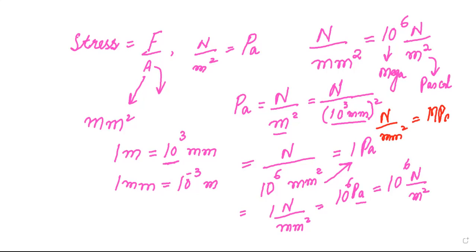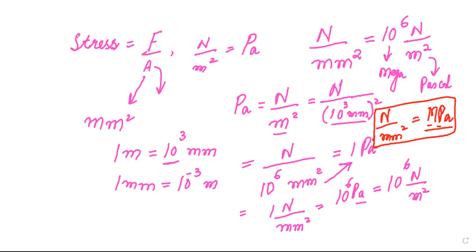It's written like this: capital M, capital P, and small a. So this is the relationship between the stress expressed in mm and the stress expressed in Newton per meter square. So 1 Newton per mm square is equal to 1 megapascal. This is the unit of stress.